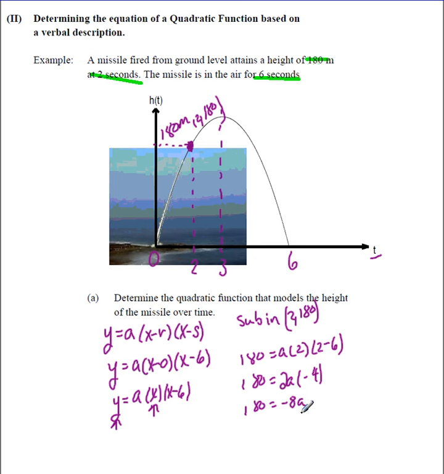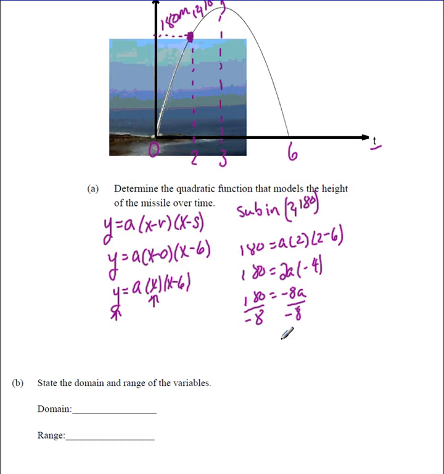So I'll solve for a, so we divide by negative 8. It's now negative divided by negative, and our answer now is negative 22.5.